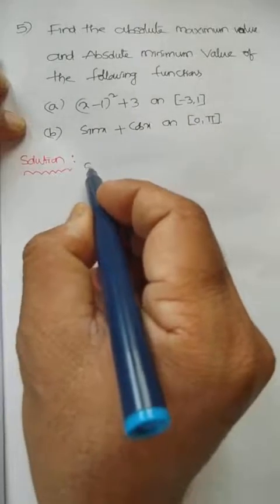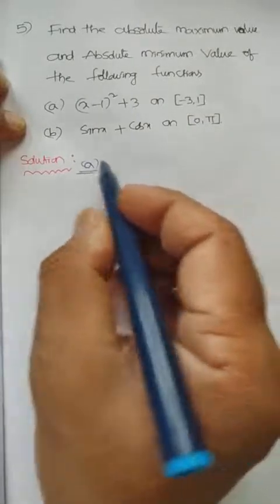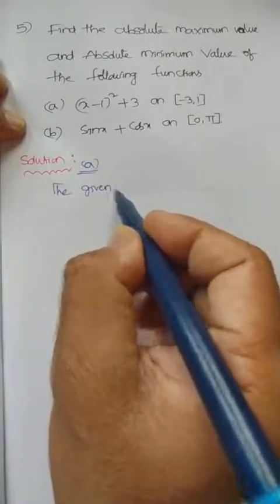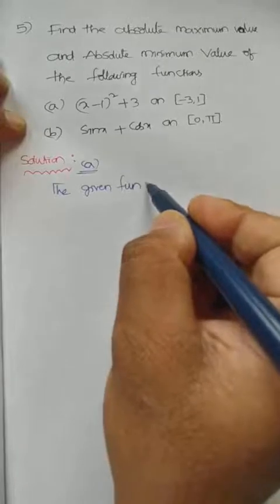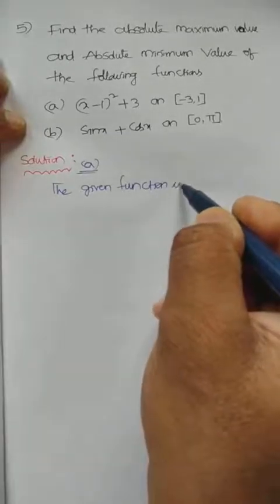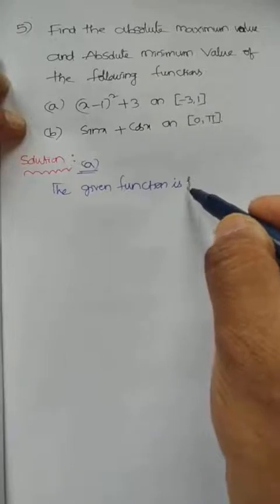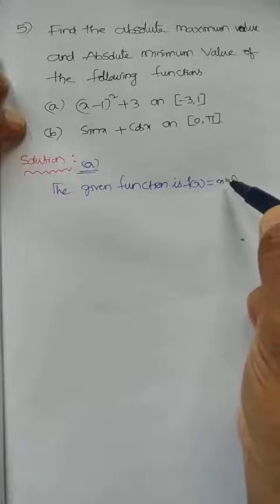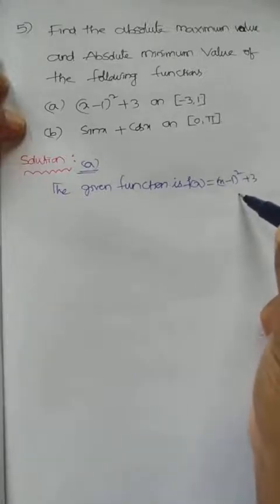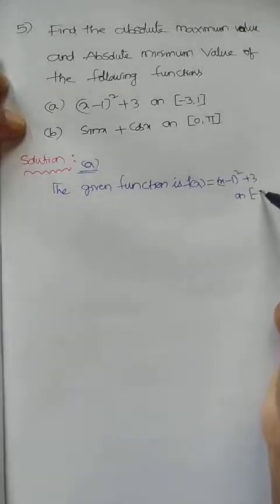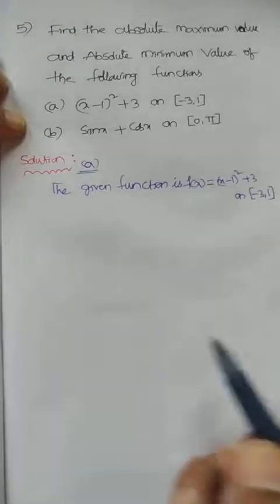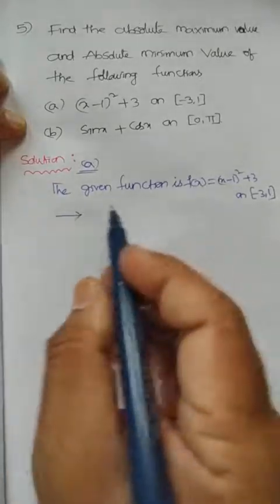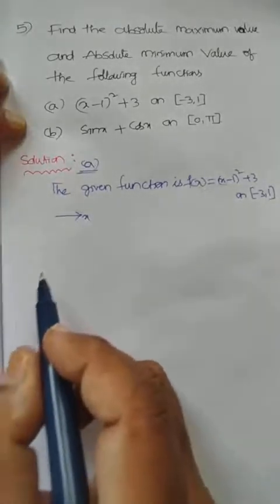Now, the solution for the function a. The given function is f of x is equals to x minus 1 whole square plus 3 on the closed interval minus 3 comma 1. Now we are going to check at the stationary level. For that we require f dash of x, differentiating the function with respect to x on both sides.